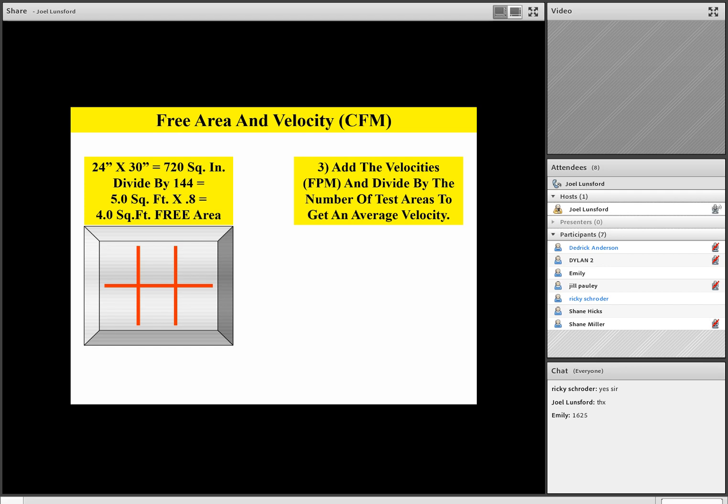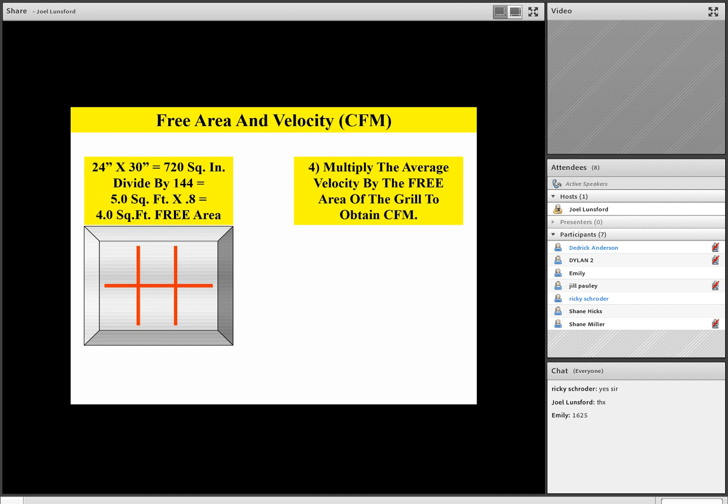We'll then take the average velocity and multiply it times the free area of the grill to obtain our CFM that we're actually moving across that grill or register. You're going to find that a rotating vane tool or velocity tool can be used for more than just measuring airflow in a duct system. You can actually measure the airflow across a grill or register as well.